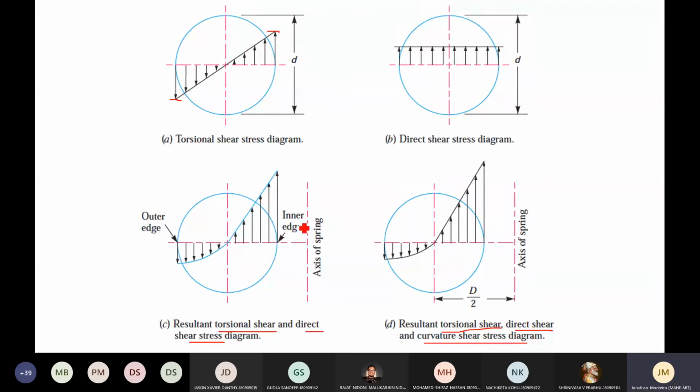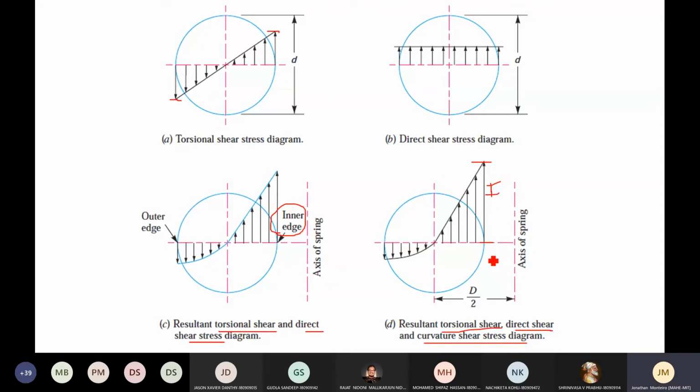So the resultant, if this is the axis of the spring in between, shows the inner edge gets more stress. The inner edge always gets more stress, and that is further amplified by the curvature effect. Why? Because the spring is curved from the inside. So this inner edge has the most amount of stress. In other words, if you account for this inner edge stress, everything else is taken care of.